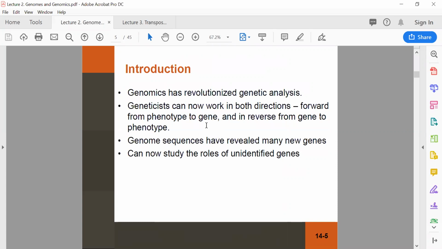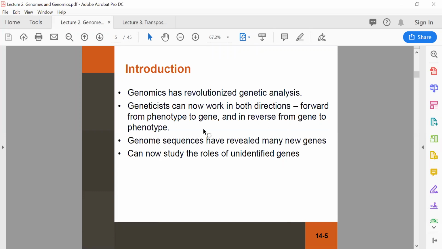So using reverse genetics, researchers can really study the roles of formerly unknown genes. So with reverse genetics, of course, you would start with the gene itself, and then try to work out the function of that gene without even looking at a mutant phenotype.